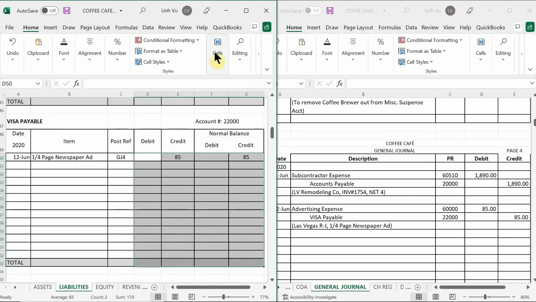I'm going to wait till our second transaction before we pop in our formula here. But there you go. So now I owe National Bank Visa credit card $85 because I charged the credit card for $85.